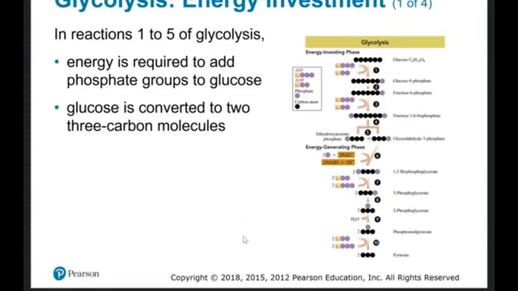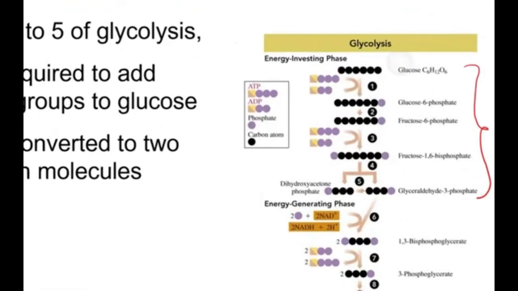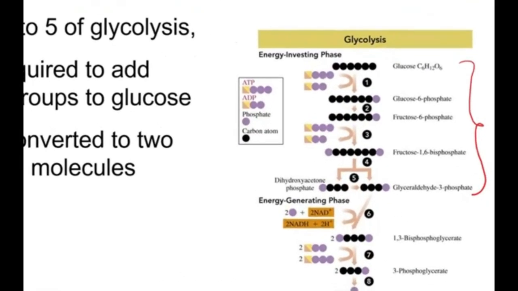So the first 5 reactions of glycolysis here are called the energy investing phase. During that phase, 2 molecules of ATP are used to activate a molecule of glucose eventually, so it can be split into isomers.